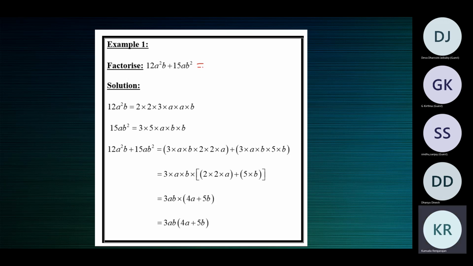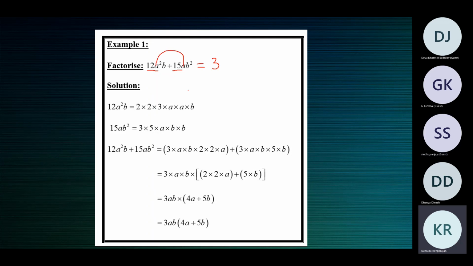So if you want to do it directly, see here. What is common between 12 and 15? What is the HCF, the highest common factor, of 12 and 15? 3, ma'am. Yeah. What is the HCF of A square and A?